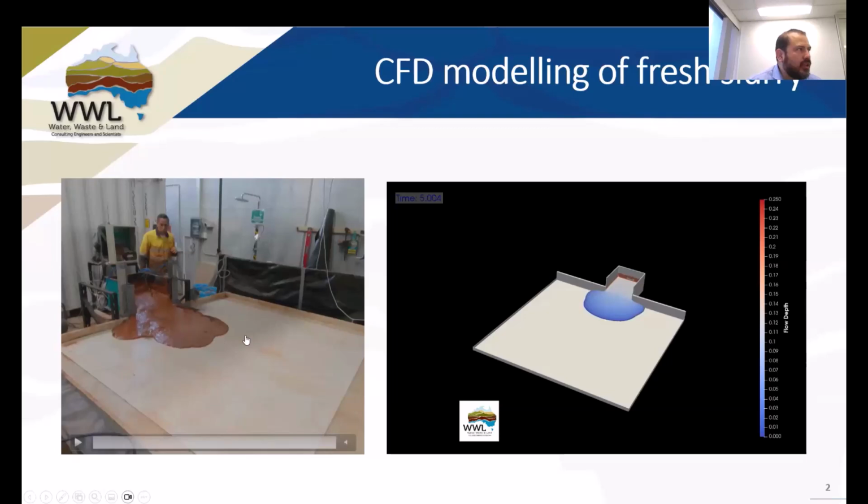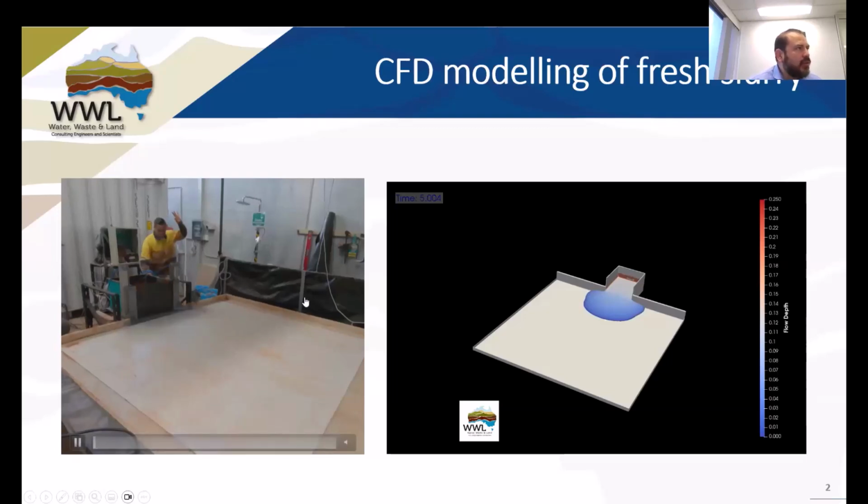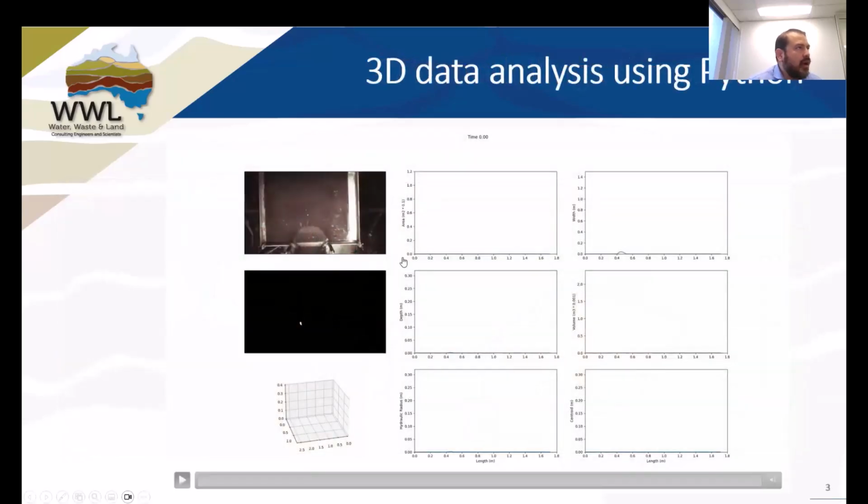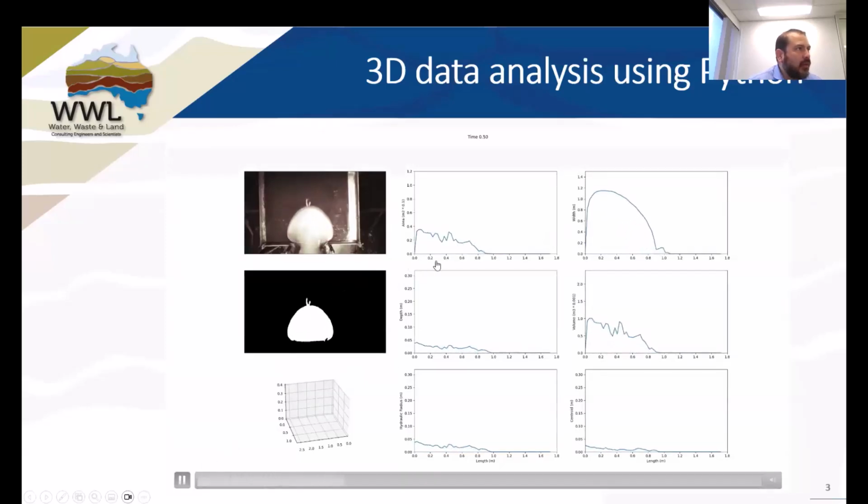With this video, with the 3D cameras, we use coding with Python to generate everything about the flow over time: the area, the width, the depth, the volume, the velocity, and the hydraulic radius.